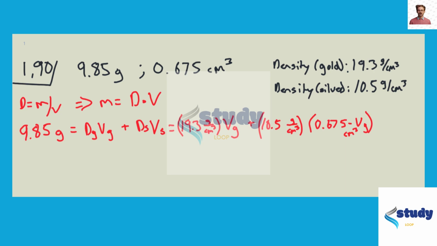So we can solve for the volume of gold by multiplying through here. Let's go ahead and distinguish that we have a new step here.